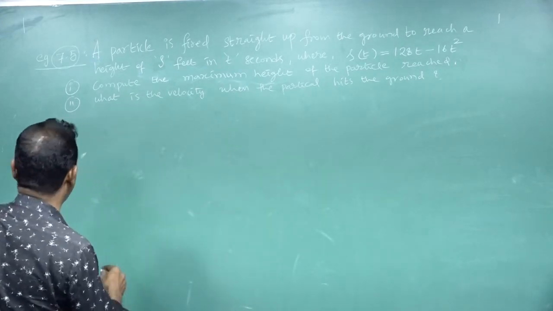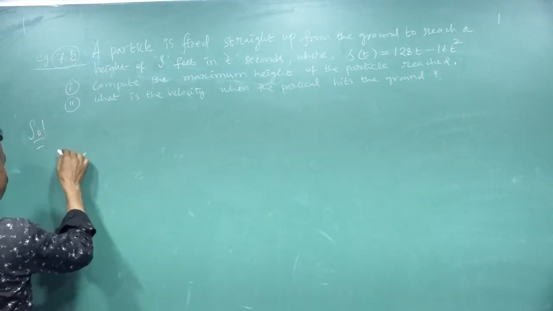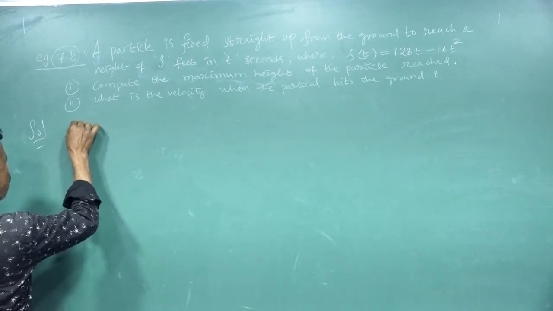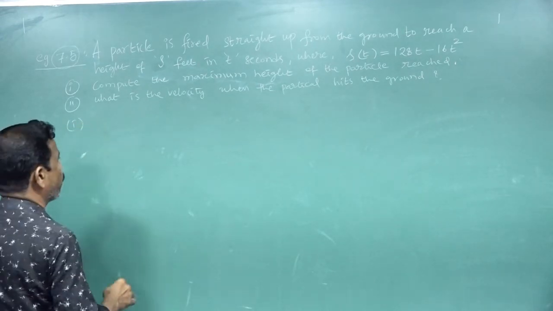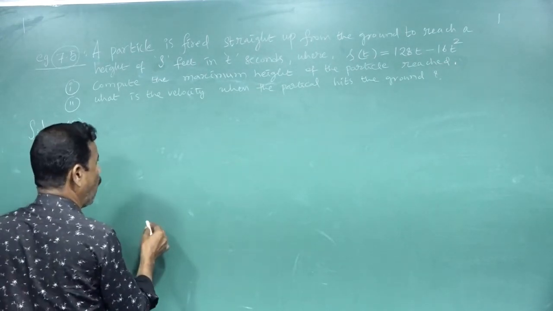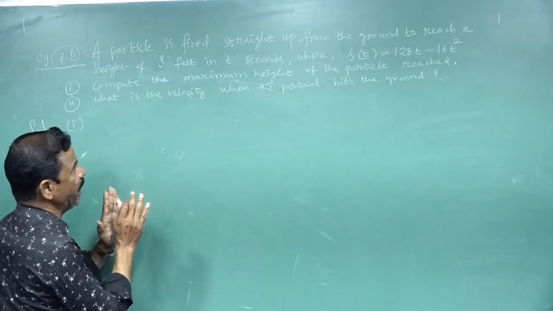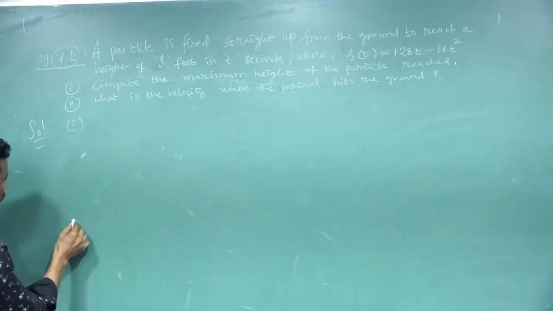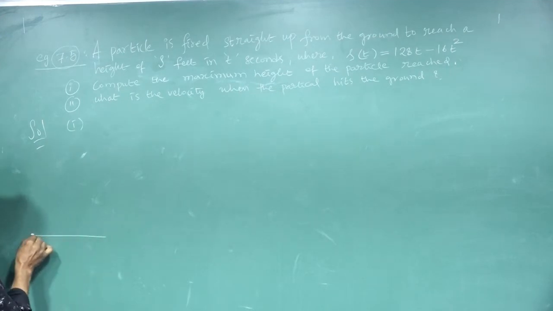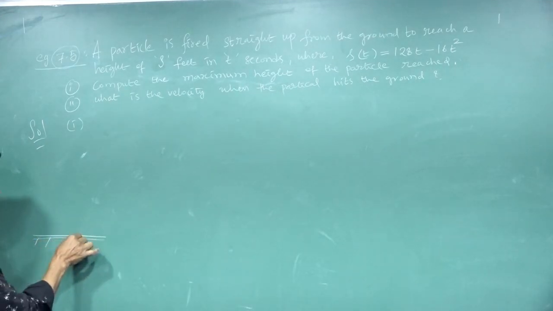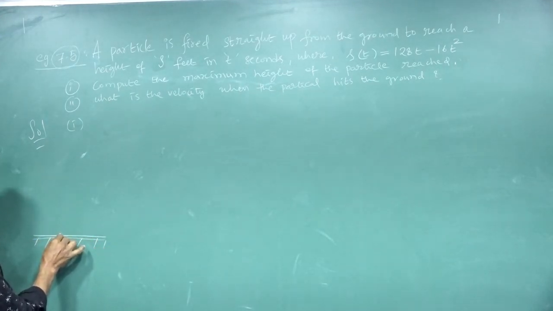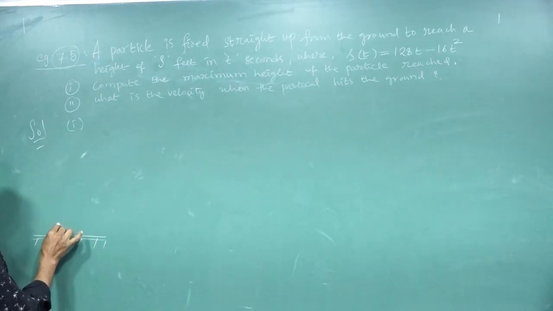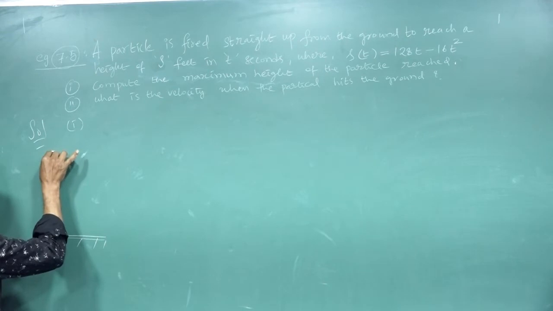So here solution number 1, subdivision 1. Actually a particle is fired straight up from the ground. Suppose this is the ground. A particle moves upward, straight up to here, suppose.